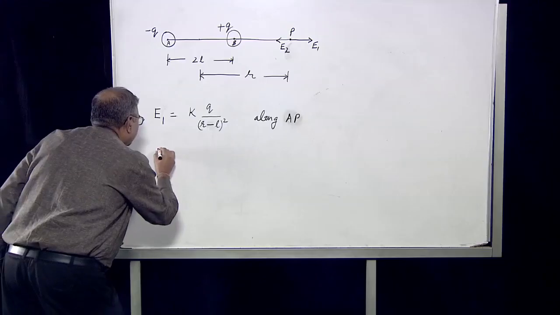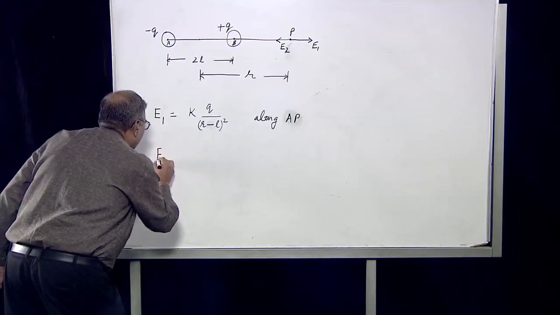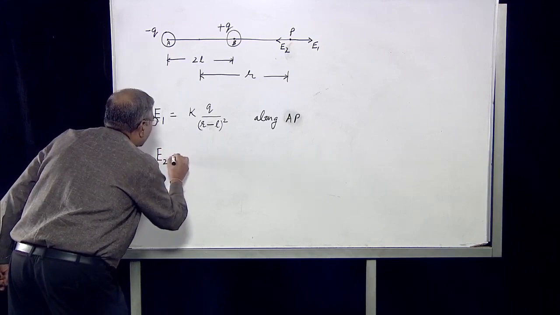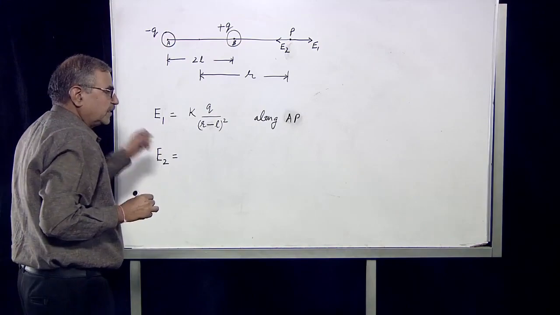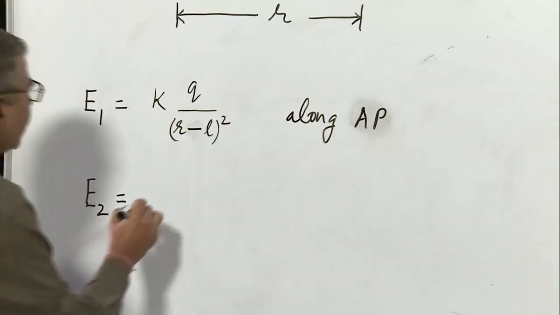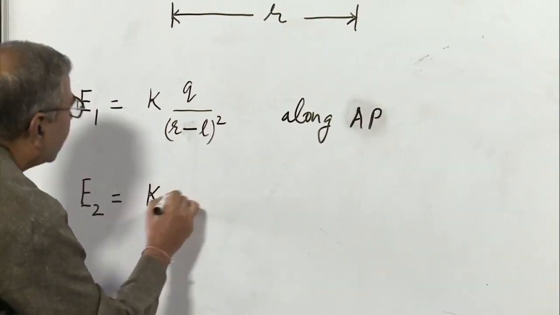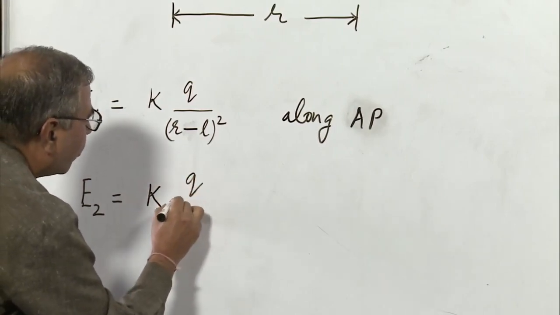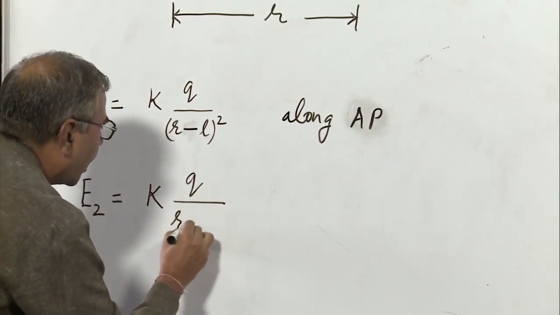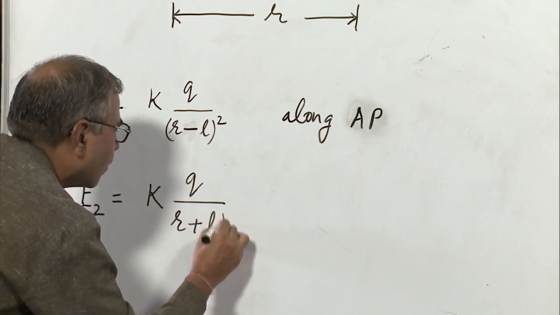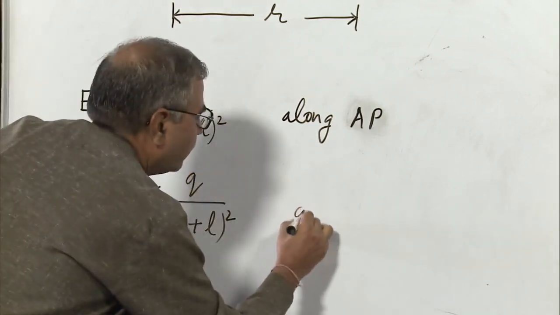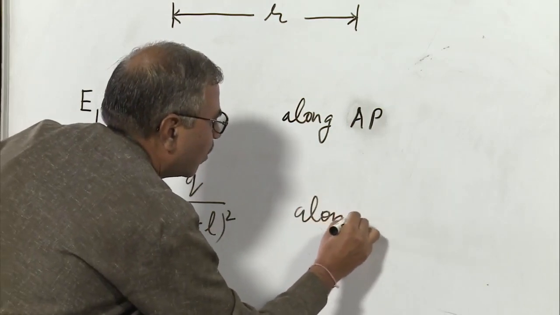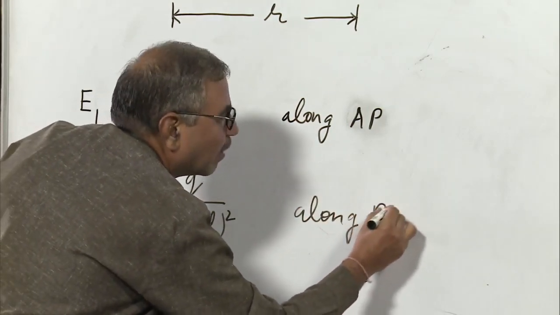Now the field at point P due to the negative charge, let us represent it with E2. It will be equal to K Q upon R plus L whole square, and its direction will be along PA.